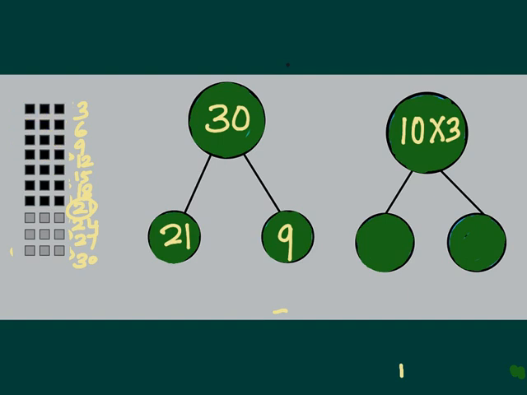Okay? And now let's do for number 9. The number 9, so the number of gray squares, is 3 groups of, if you see here, so this is group 1, 2, 3. 3 groups of, so 3 times, the size of each group is 3. So 3 times 3 is the multiplication expression for 9.